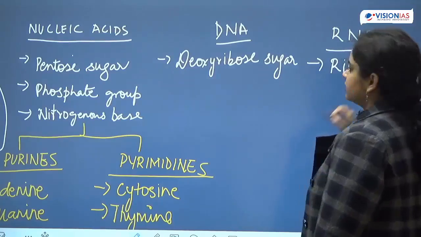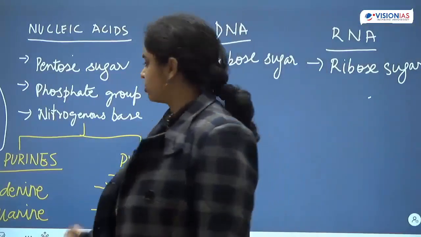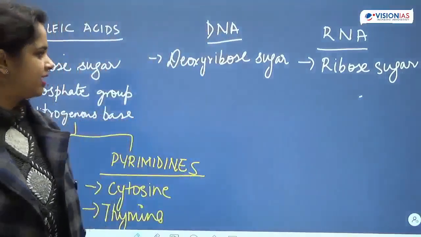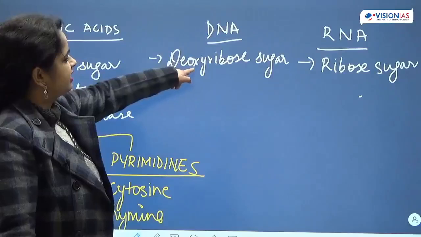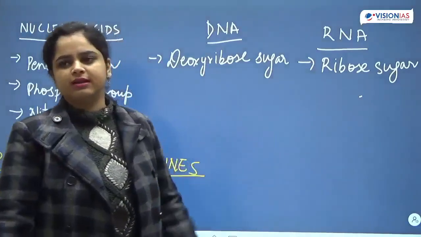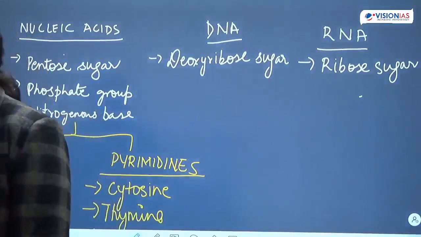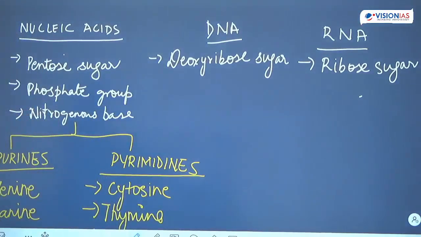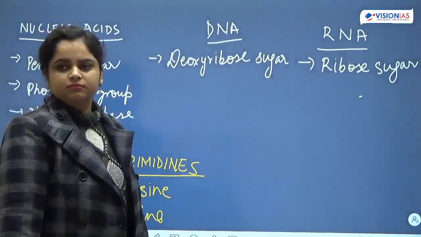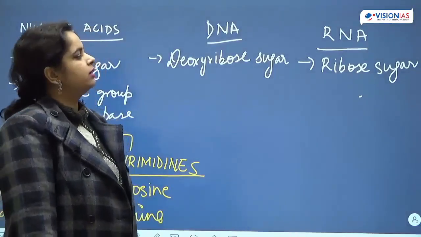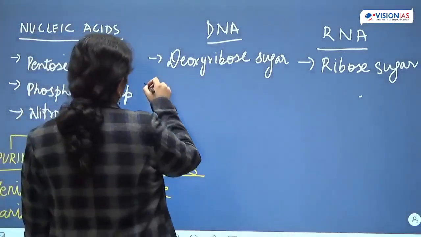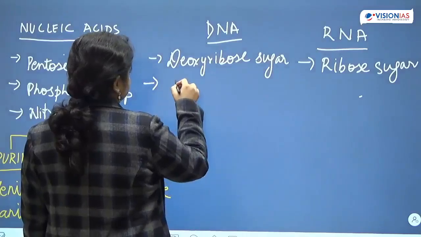Both of these sugars have 5 carbon atoms. That's their common point. But they are different, and that's how they get their names also. DNA is deoxyribose nucleic acid. RNA is ribose nucleic acid. Please write this down. DNA has deoxyribose sugar, RNA has ribose sugar, and there is also a difference in the nitrogenous bases.